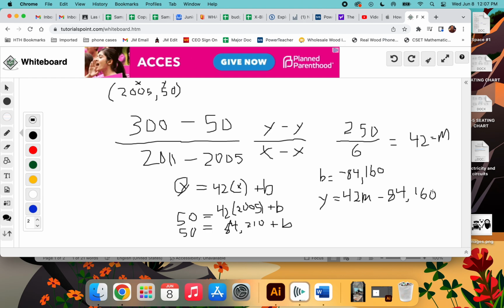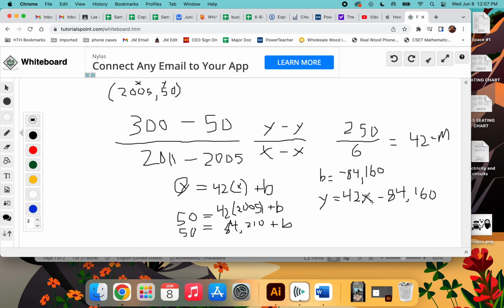Oh, that's not an m right there, that should be an x. 42x. There we go.